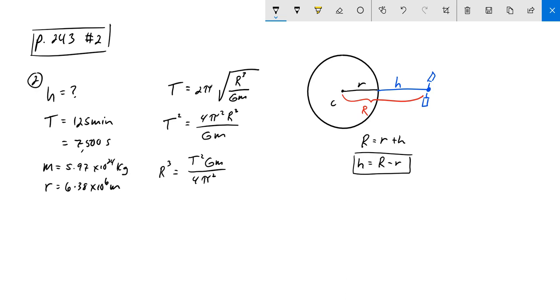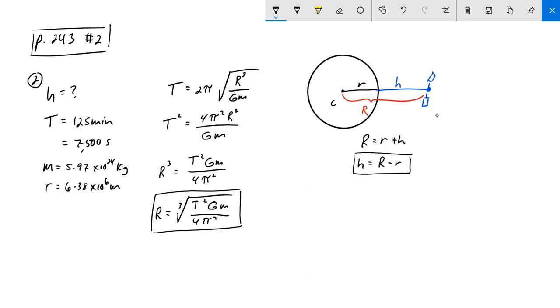And then to solve for R, I have to take the cube root. So R will be the cube root of T squared, big G, M, over 4 pi squared. So this is the equation that I'm going to use to solve this problem.